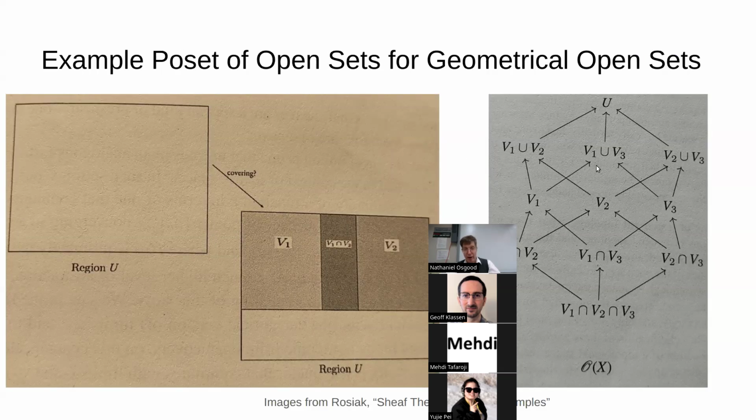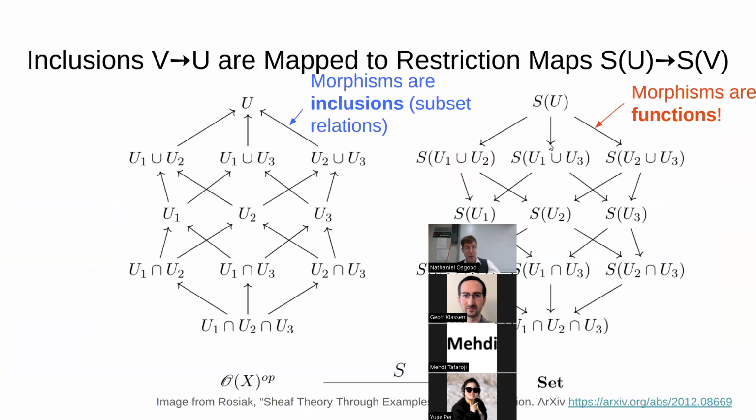So if we have like V1 union U3, and we hit it with F, or in this case it's called S, we get S of U1 union U3, right? And this is just a presheaf, right?